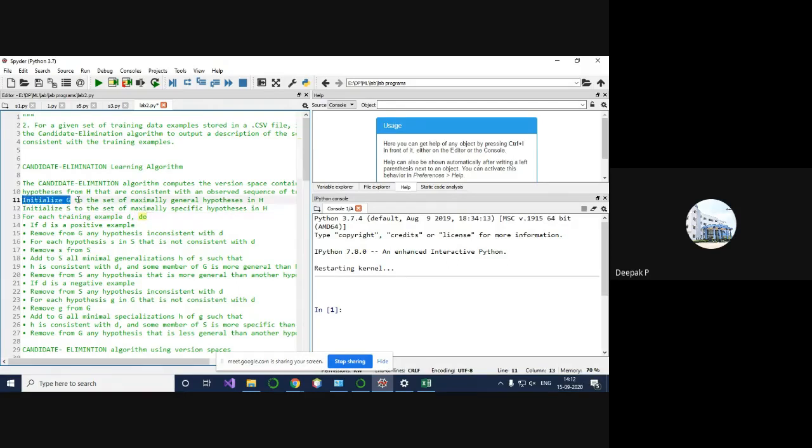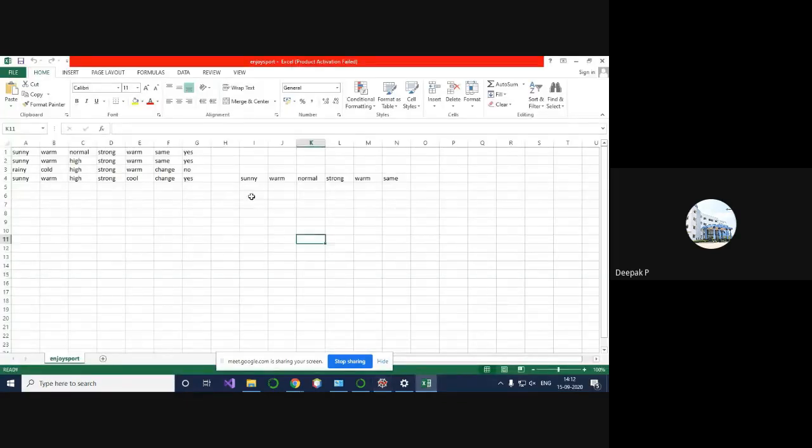The first step is initializing G to the maximally general hypothesis, that is capital G. Next, initialize S to the set of maximally specific hypotheses. So let me take the condition G equal to, in brackets, all question marks.